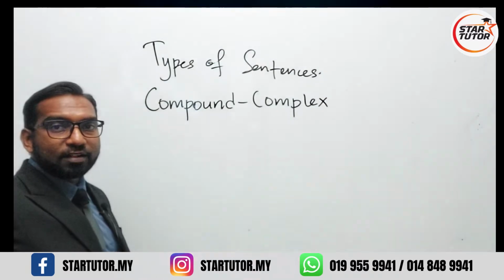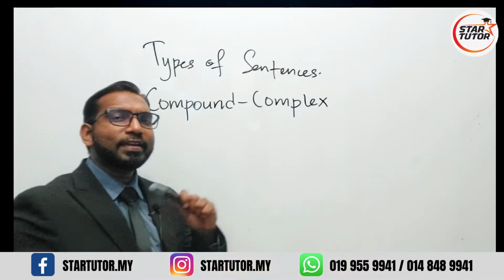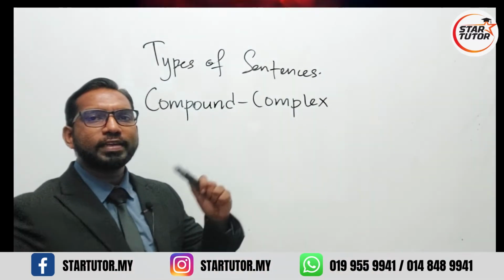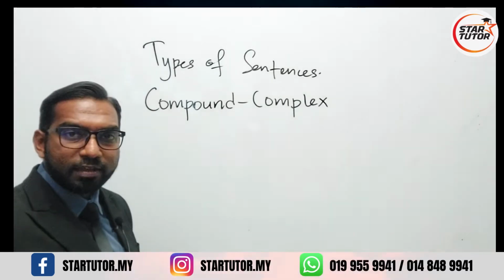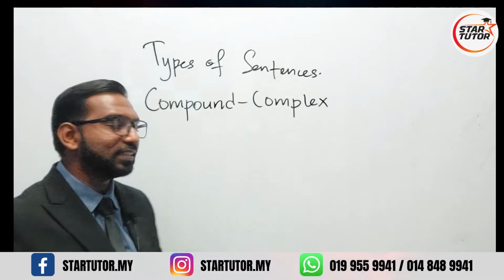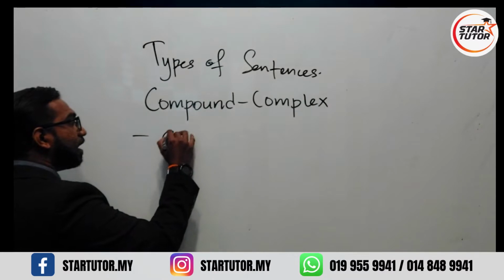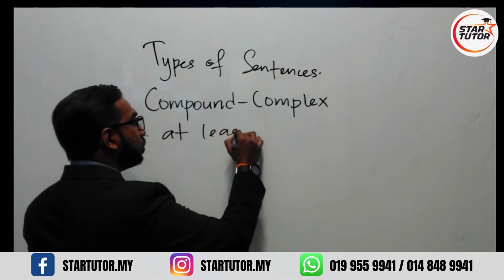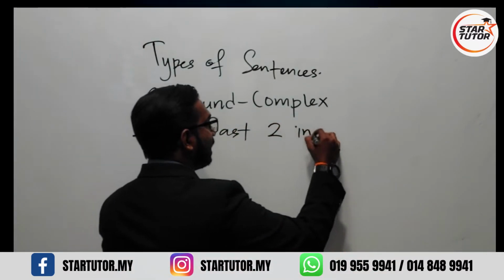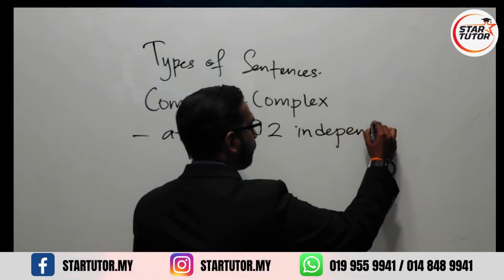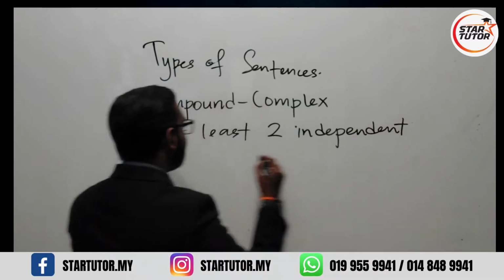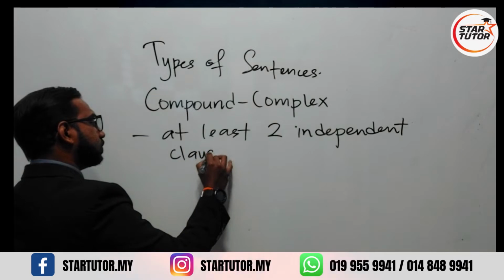Just like the name itself, we are going to combine everything. We are going to join everything. So the requirement for compound complex sentences: you need to have at least two independent clauses. Two independent clauses.